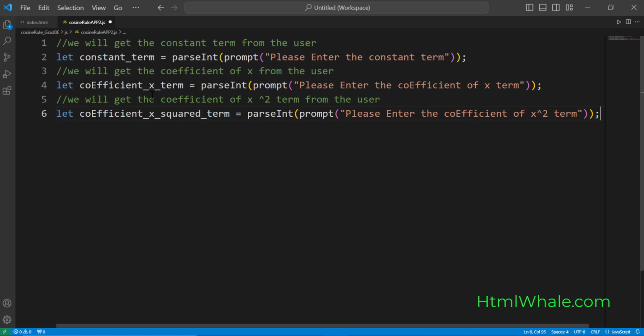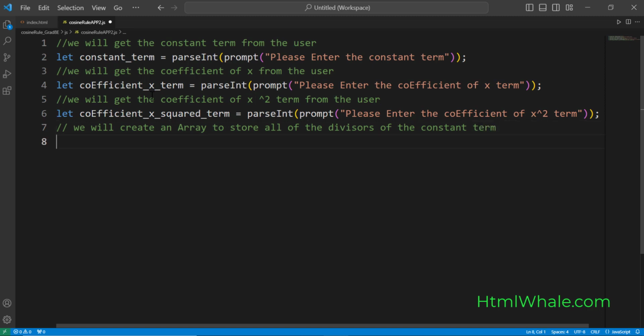Now what I wish to do is I would like to know all of the divisors of the constant term. So we will create an array to store all of the divisors of the constant term.